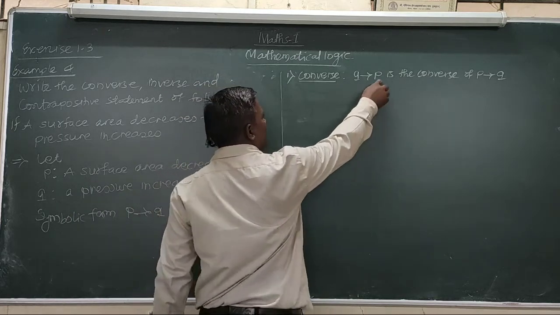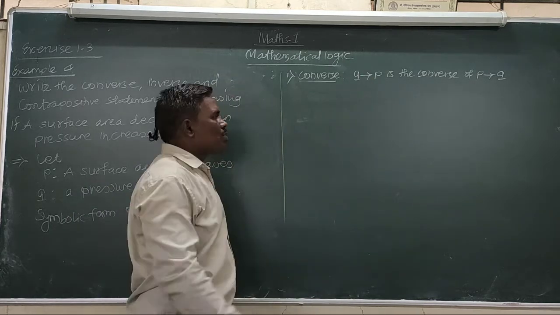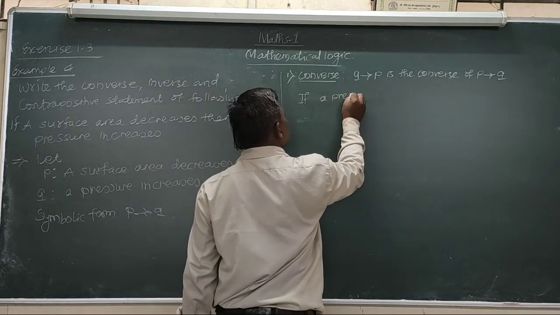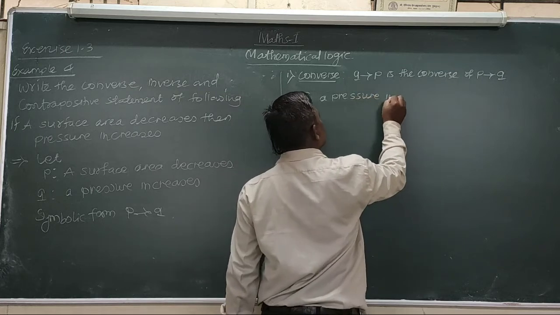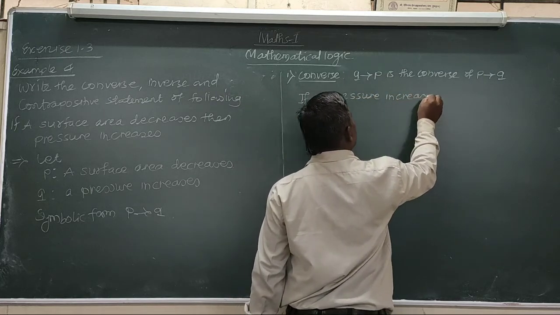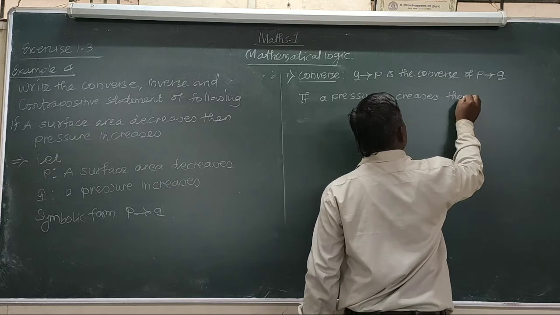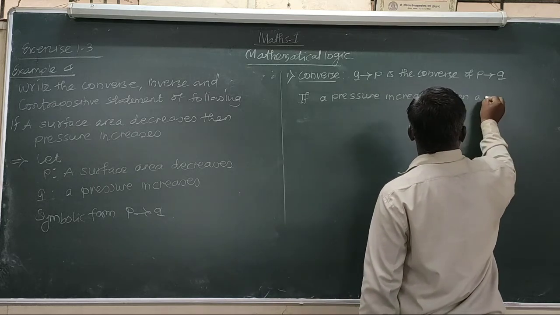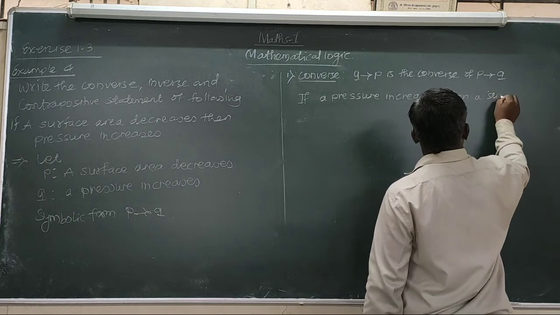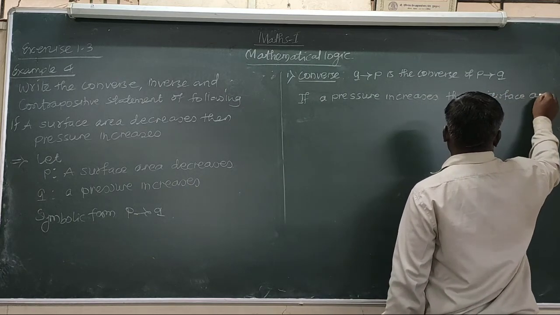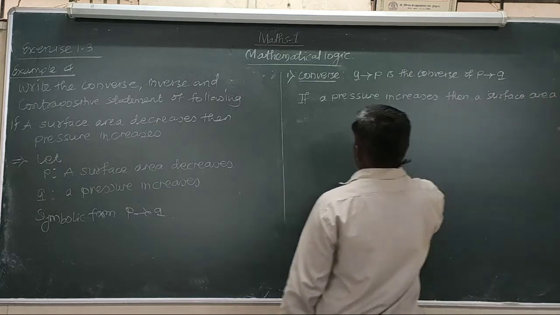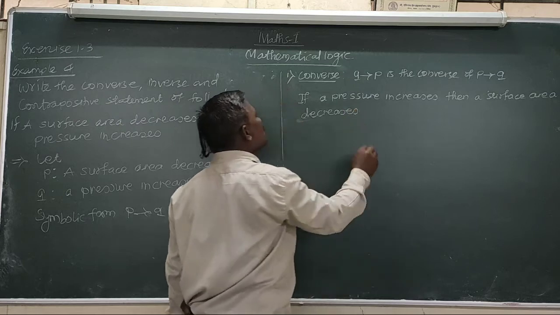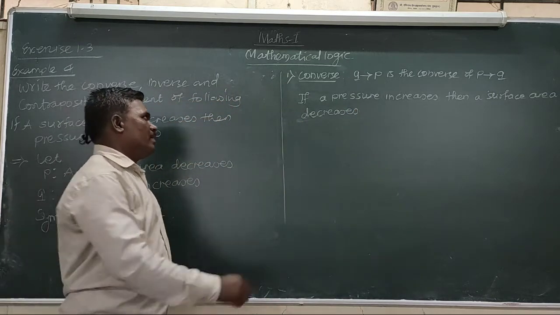We have to write it in conditional form, so we start with: if a pressure increases, then P: a surface area decreases. That is the converse of this given statement.